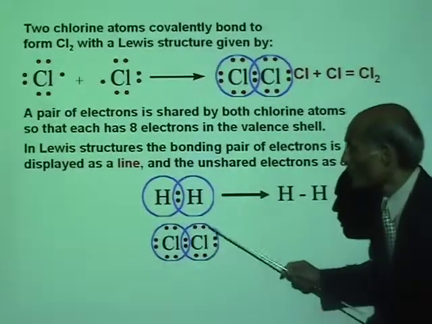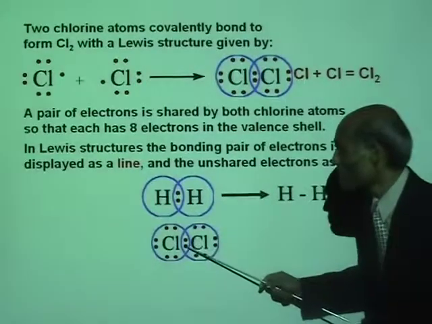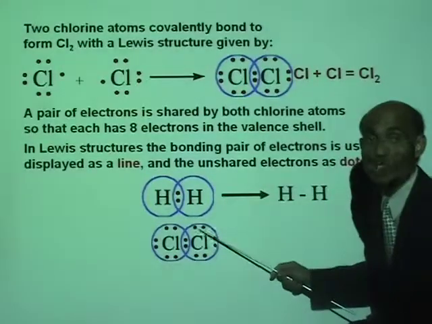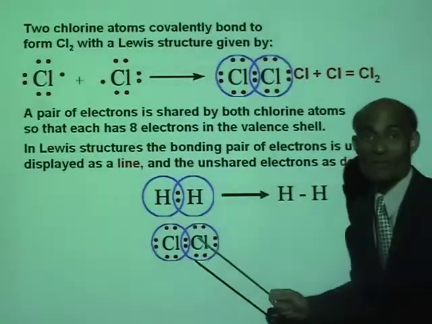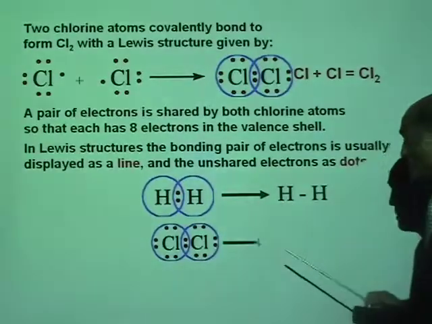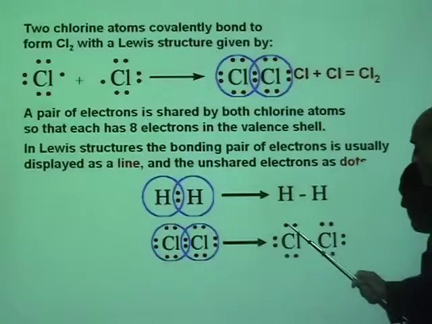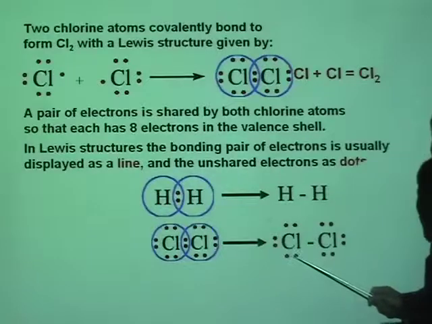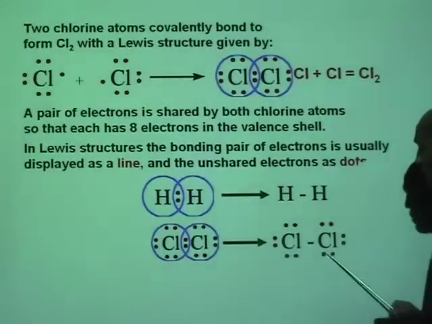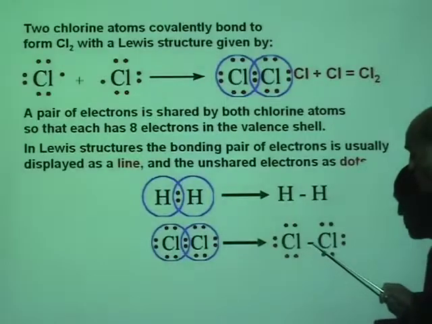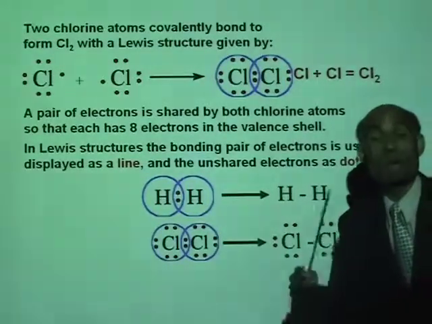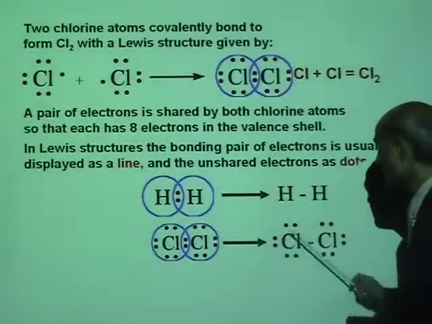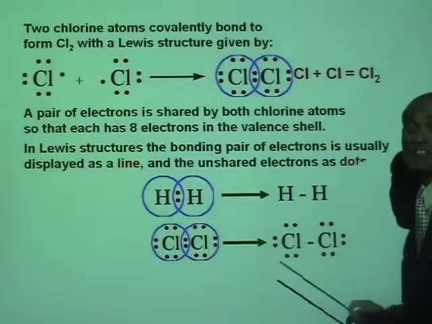And look how we're going to represent chlorine, another chlorine sharing a pair of electrons. The unshared electrons will be represented by dots, and the shared pair will be represented by a line. So that will look like this. This chlorine has 6 electrons that are not shared. This one also has 6 electrons that are not shared, but this horizontal line represents a pair that belongs to both, so this now has 8 electrons, and this also has 8 electrons.